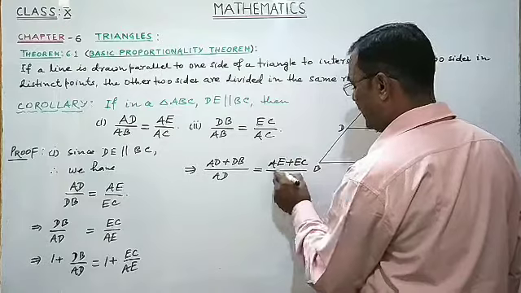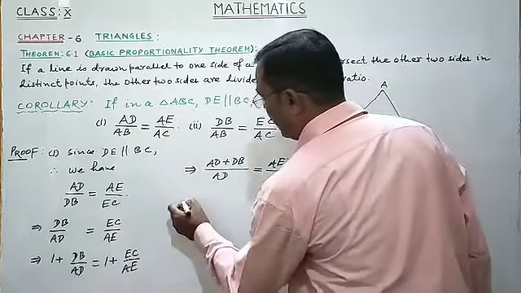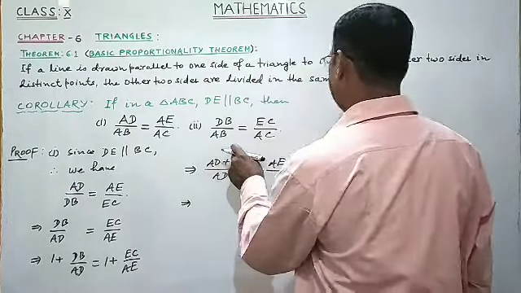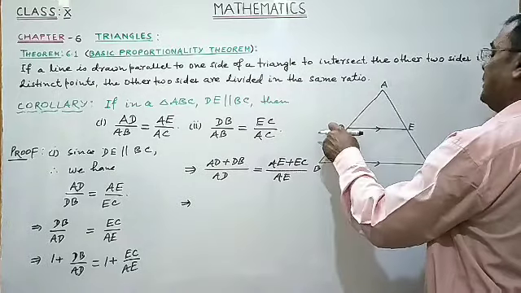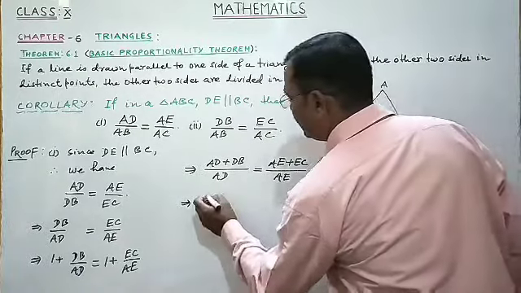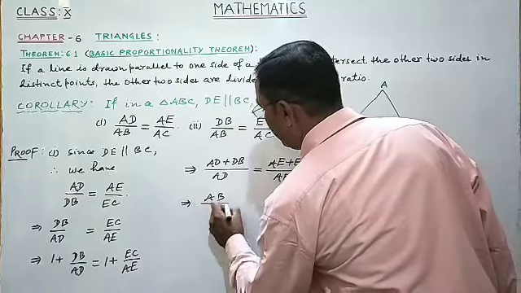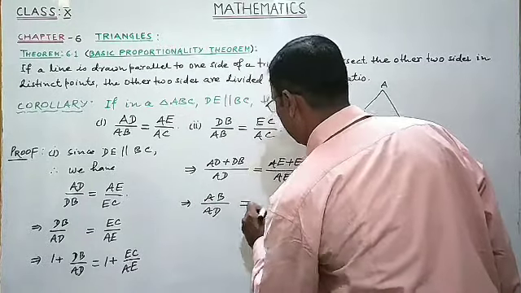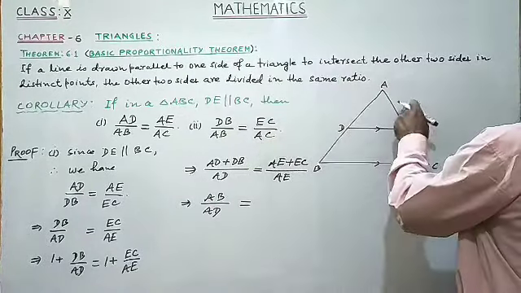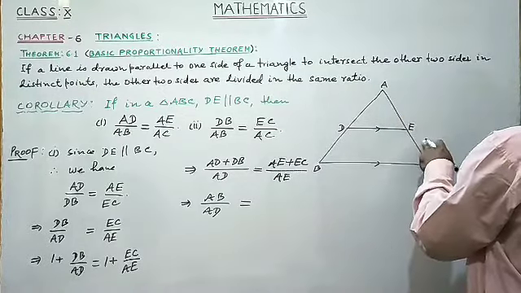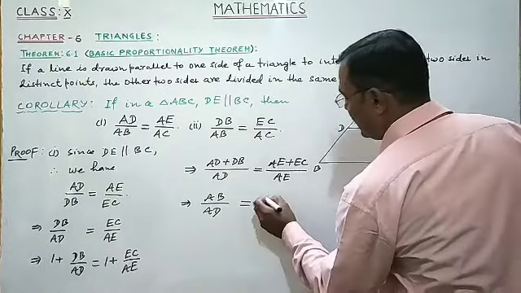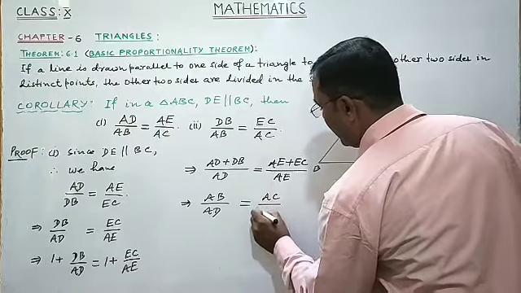Now see in the figure, AD plus DB is AB. So AB by AD equal to AE plus EC, and AE plus EC is AC, so AC by AE.